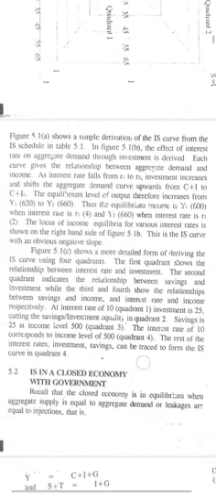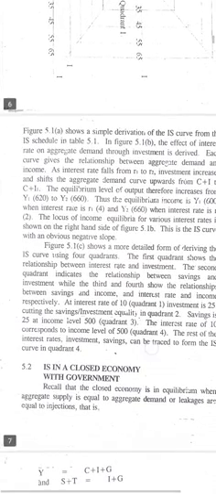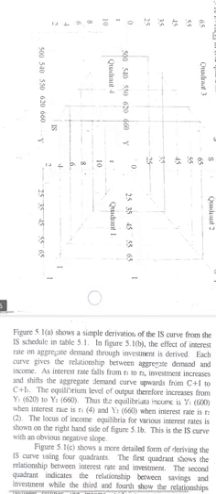Then savings is 25 at income level 500 in quadrant three. Very interesting.